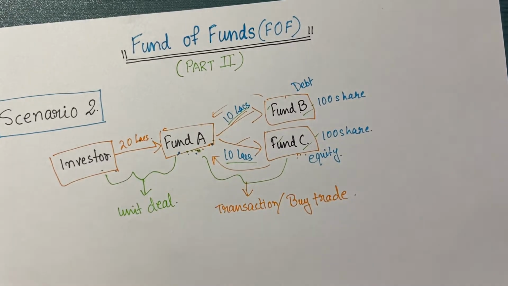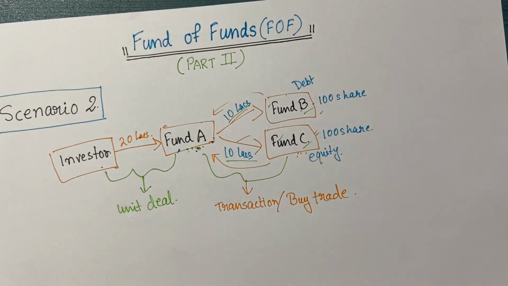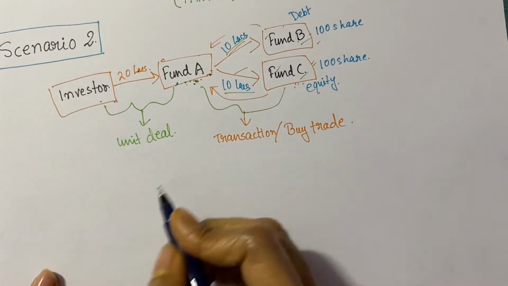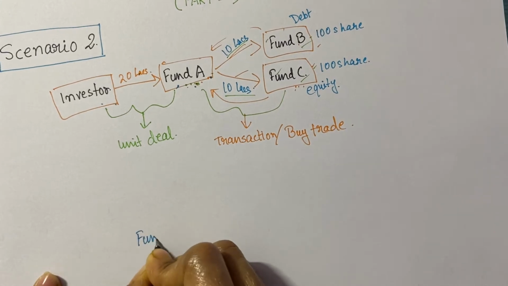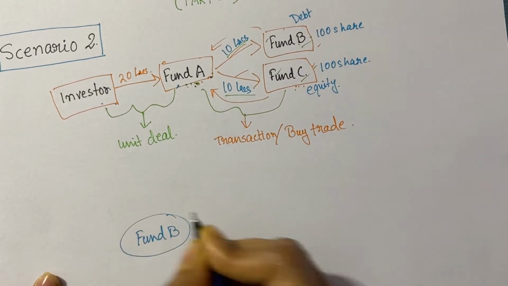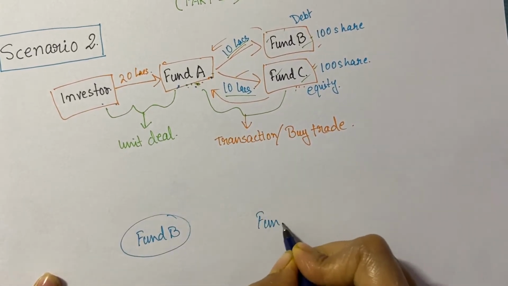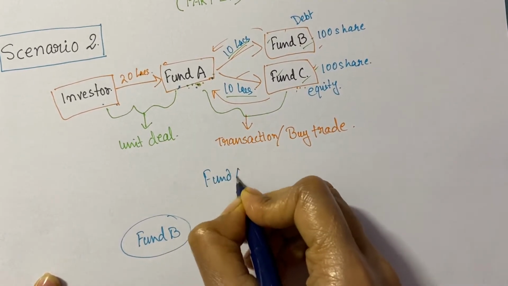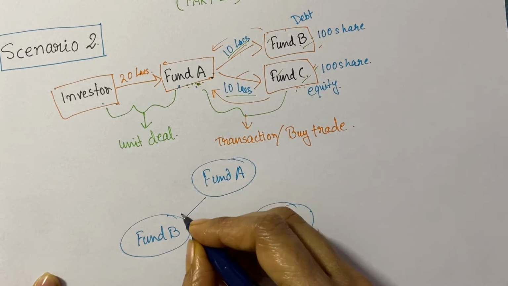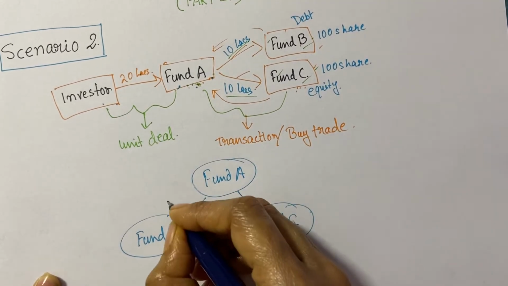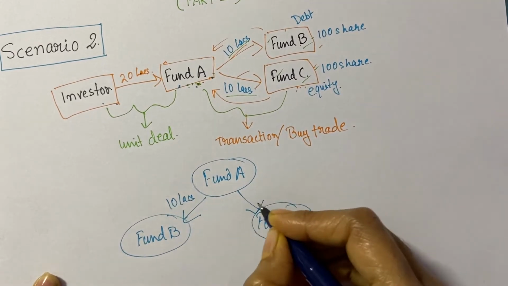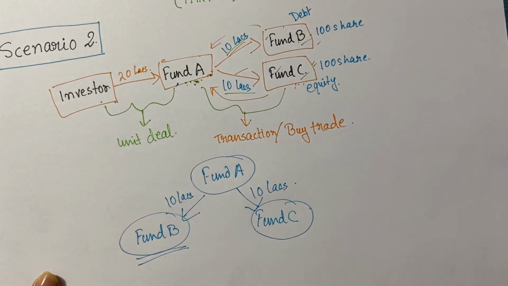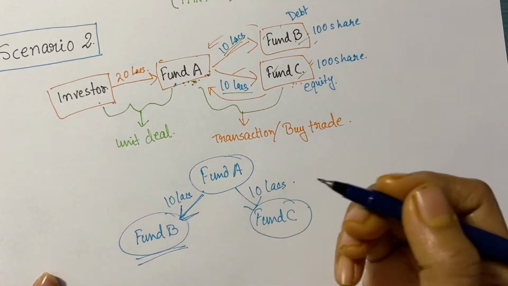Now we will check it from the fund B and fund C perspective. Let me explain. What is happening for fund B and for fund C? They have a top fund. Fund A is giving 10 lakhs and 10 lakhs to these funds. So for fund B, 10 lakh rupees is coming.